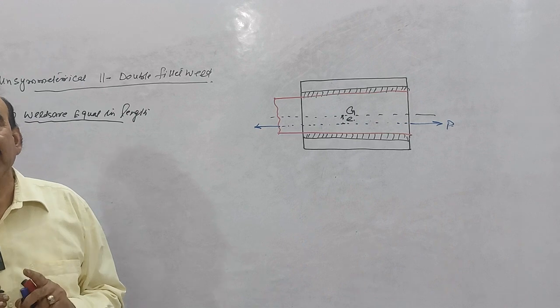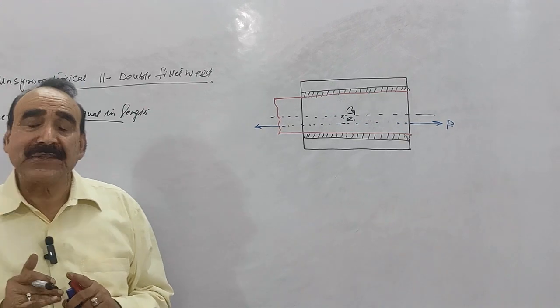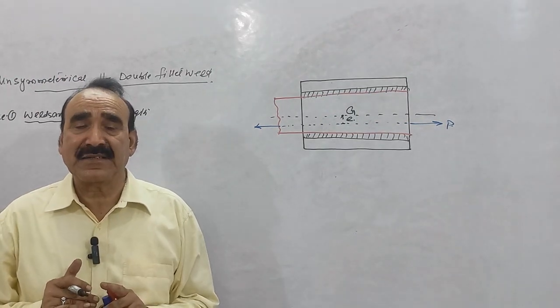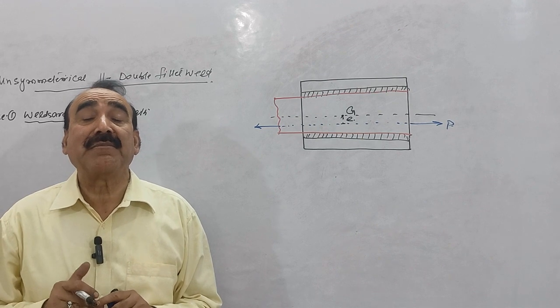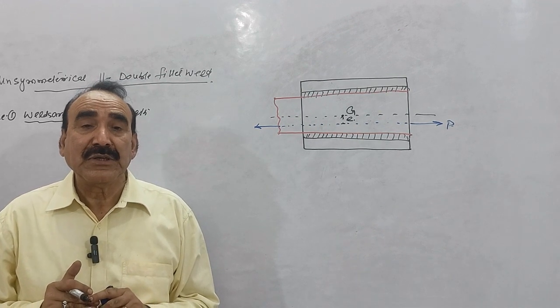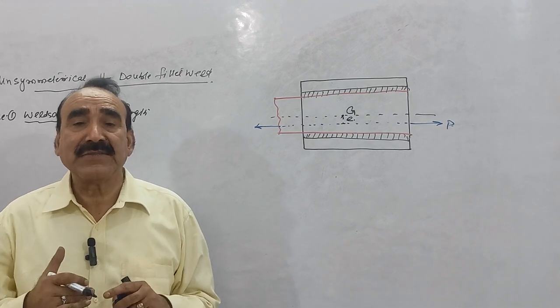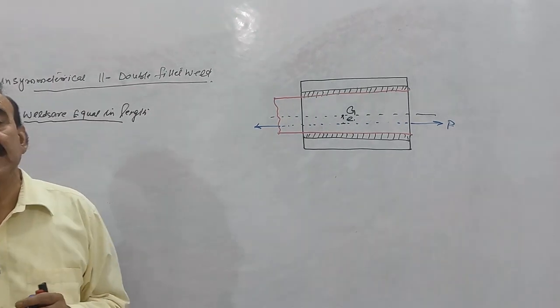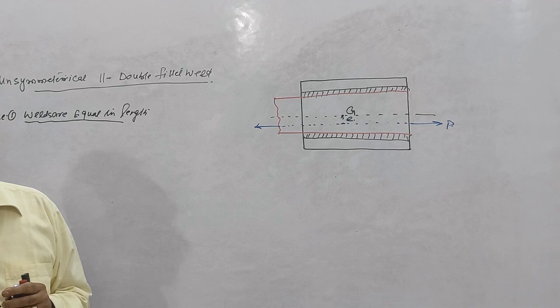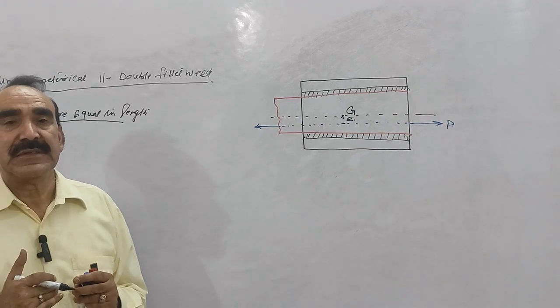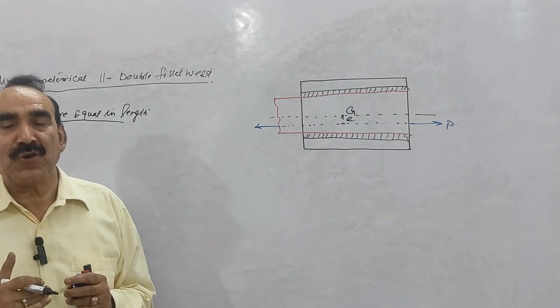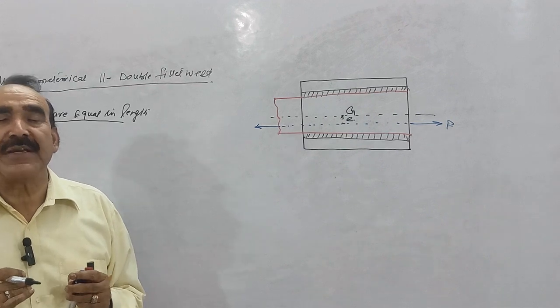So in this case the stress will have the maximum value. If the stress is higher, our joint will be weakened.